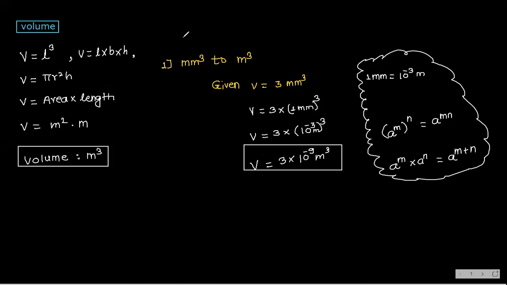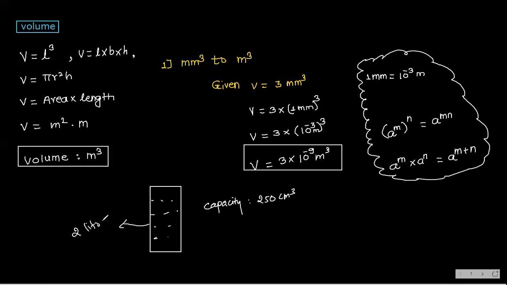For example, suppose this is a glass and its capacity, you can say in volume also. Suppose 250 centimeter cube or meter cube or whatever. Liquid is there, that is volume only.